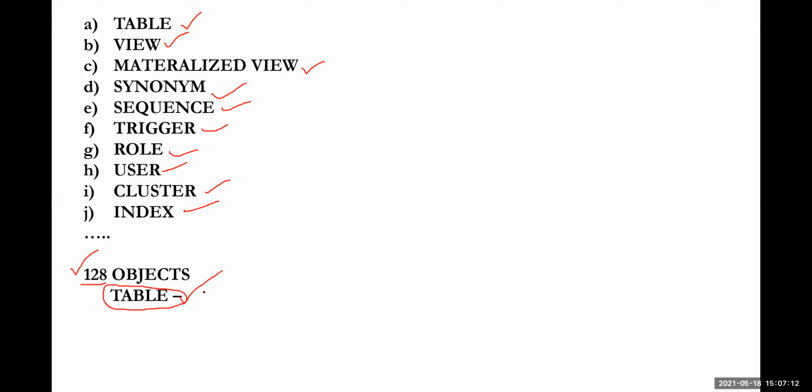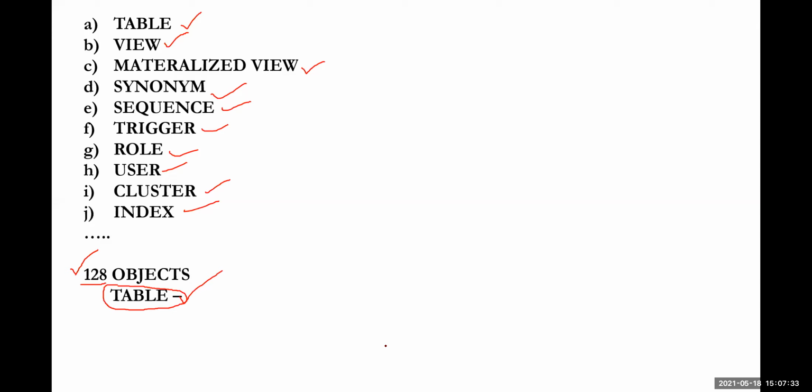That is why whatever commands we are going to discuss will be about the table. Afterwards, after completion of all command sets, we will also go for view, materialized view, synonym, sequence, trigger. Everything will be discussed, don't worry.